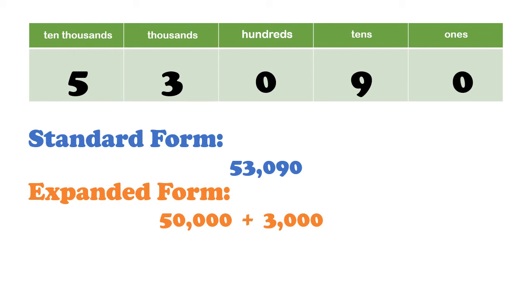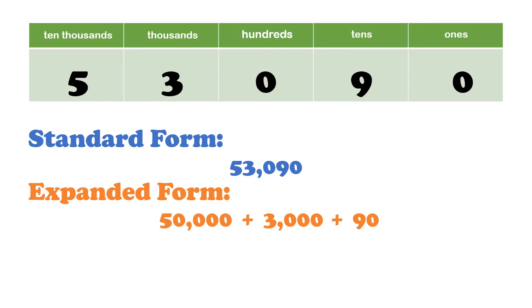Now, I have to add that to my next digit, but my next digit's value is 0 because there's a 0 in the hundreds column. So I can add that 0 if I would like to, but I can also leave it out, and that's what I'm going to do here. So I'm going to go to the next place, which is the tens column, and find that the 9 gives a value of 90 because 9 tens would be 90, so I'm going to add that 90 to the rest of the expanded form.